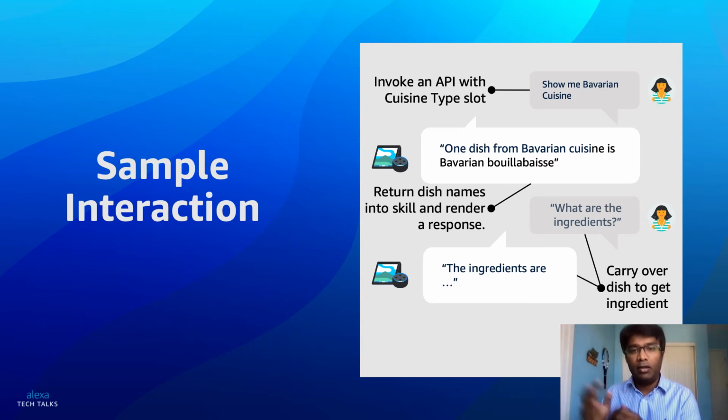It predicts probabilistically what the user wants, puts together all of the data, and provides a recommendation in the response. Then it reads out, in this case, a list of ingredients for a particular cuisine type across multiple turns.